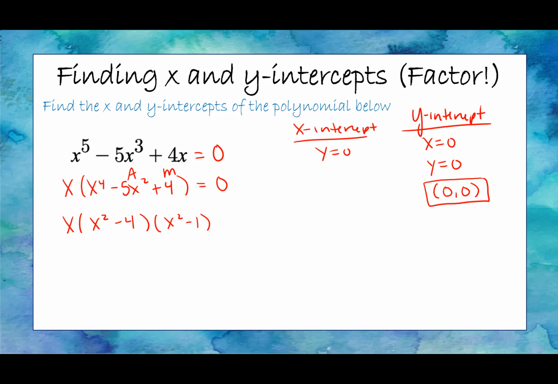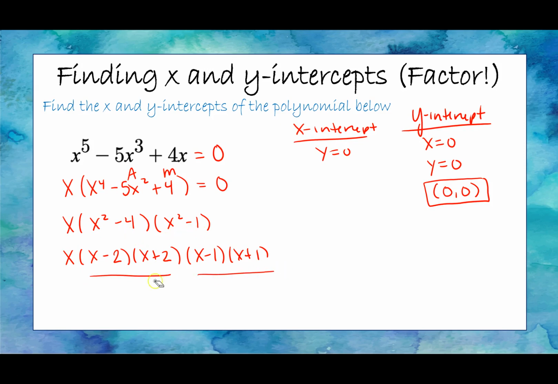Well, looking at that, I also see that I have 2 difference of squares. So I can go ahead and write this as x minus 2 times x plus 2. And then this here is x minus 1 times x plus 1. So I just made this into these 2 and this into these 2.